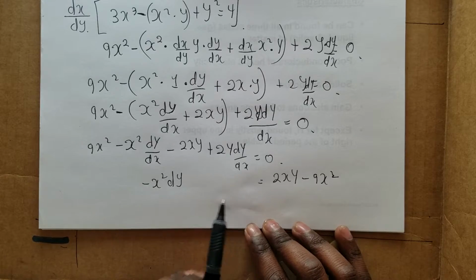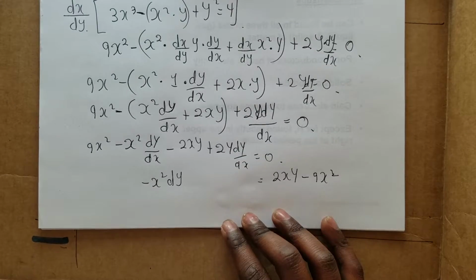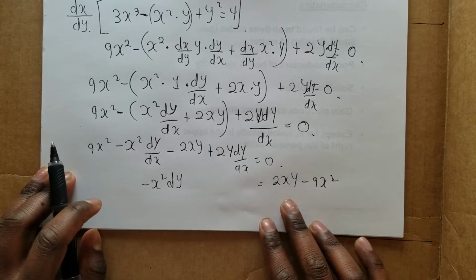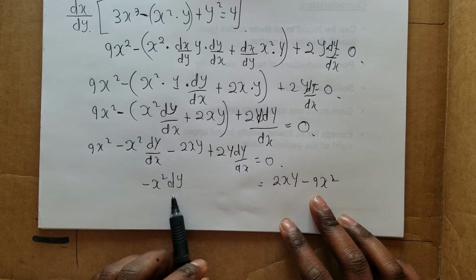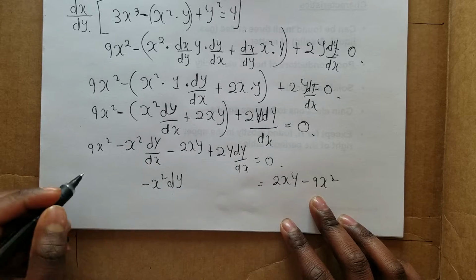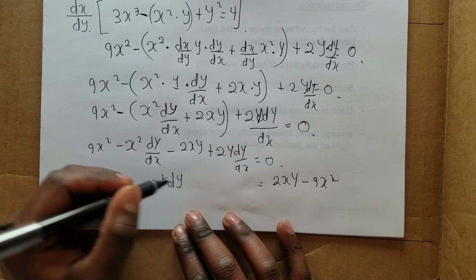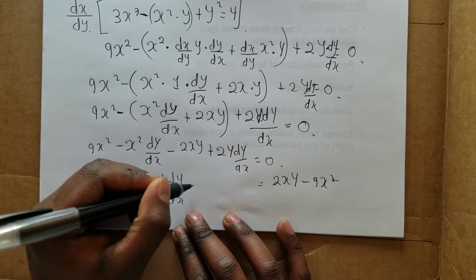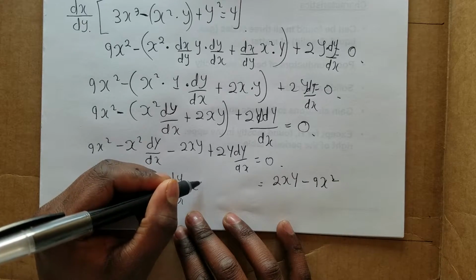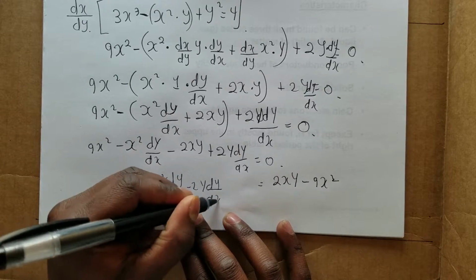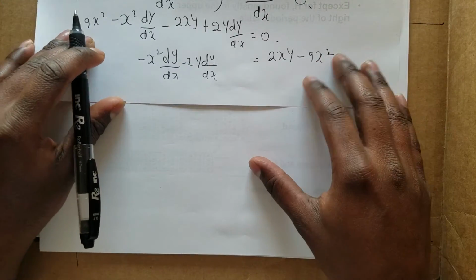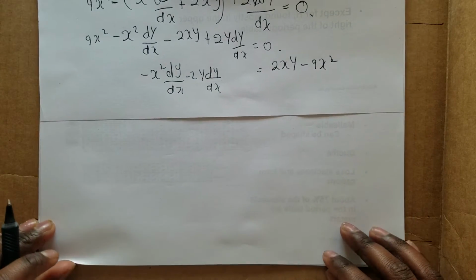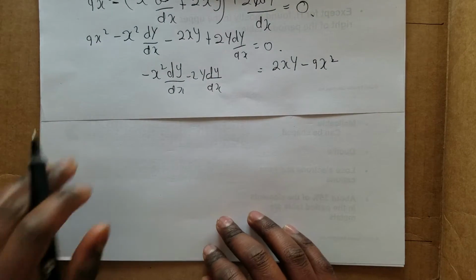So now you get 2xy minus 9x squared. You want to get dy/dx by itself. So now what's left is dy/dx minus 2y dy/dx.